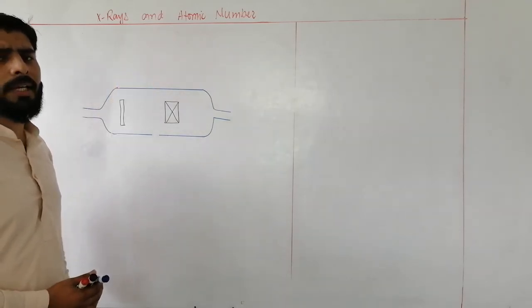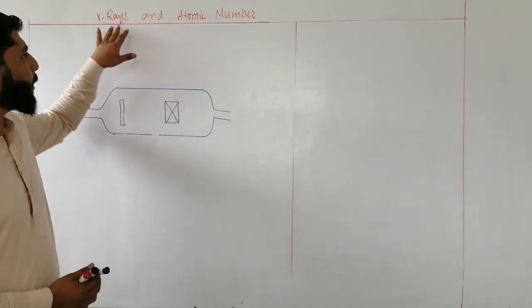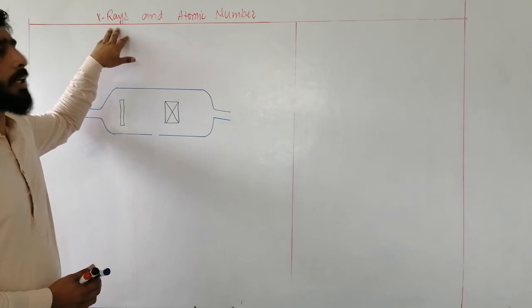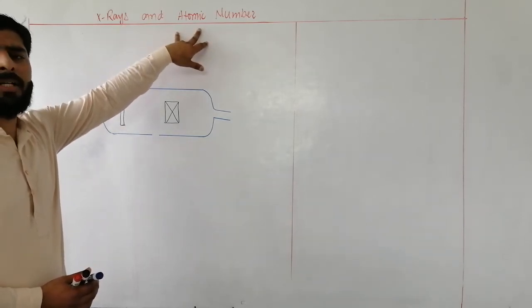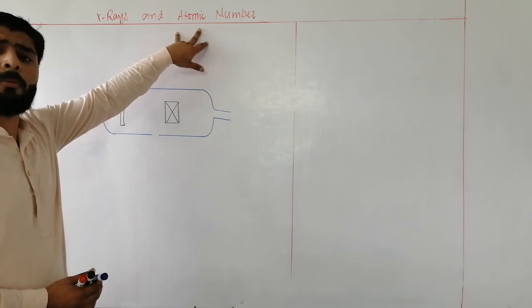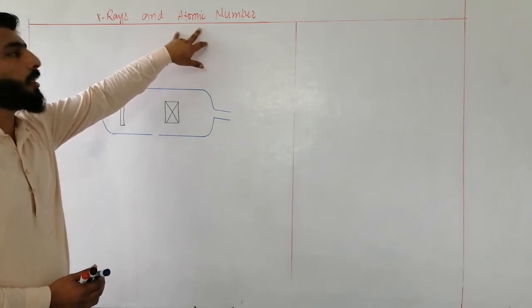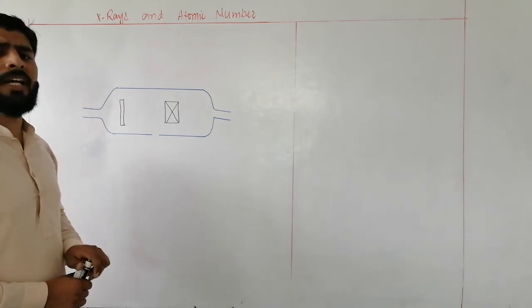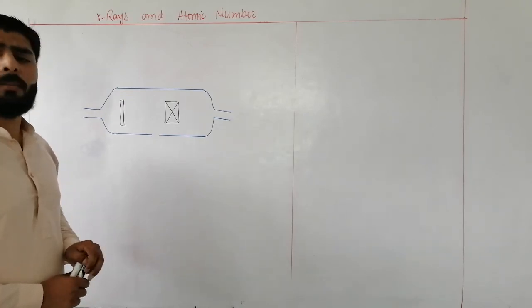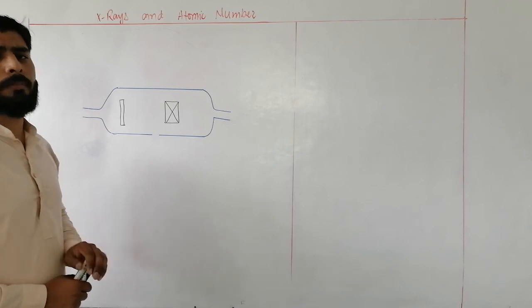He performed an experiment using X-rays and determined the atomic numbers of different elements, studied the properties of all the elements based upon atomic numbers, and redefined the periodic table and the periodic law.